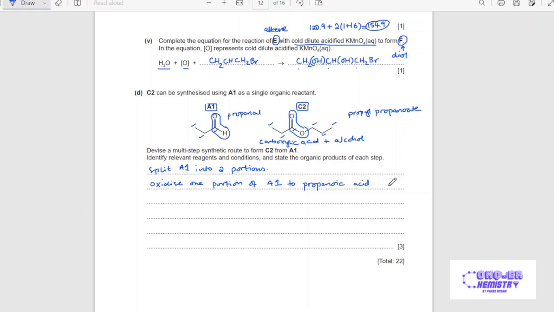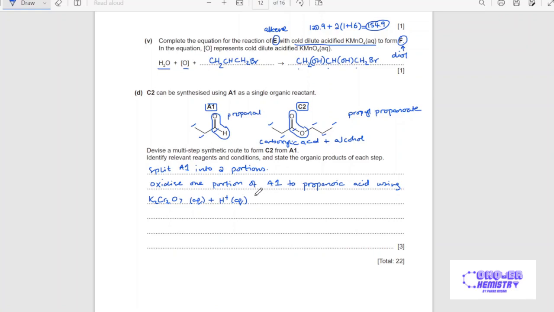And for this, we can use K2Cr2O7 (aq) plus H+ (aq). This is just to show that this is acidified potassium dichromate(VI).